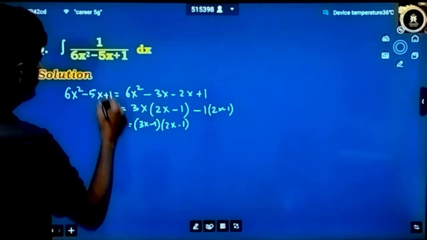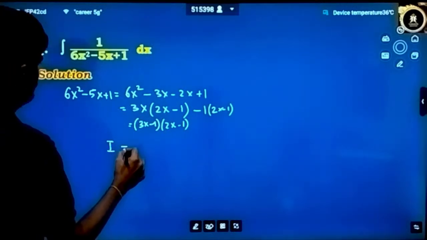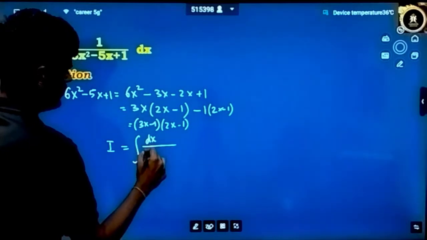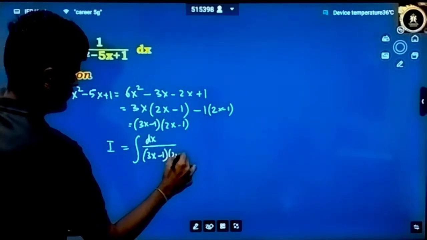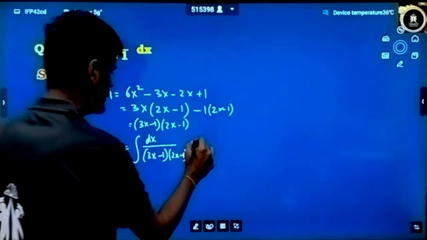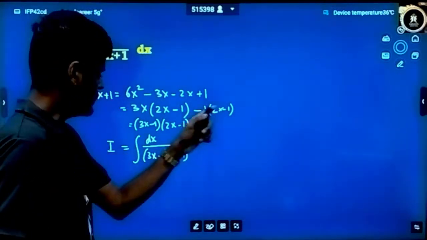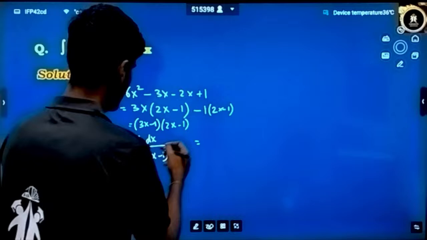Okay, now what we need to do? The integral will become integral of dx by 3x minus 1 into 2x minus 1. Now this can be further written as integral of a by 3x minus 1 plus b by 2x minus 1. Now how to split this?